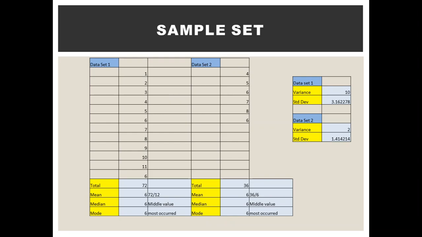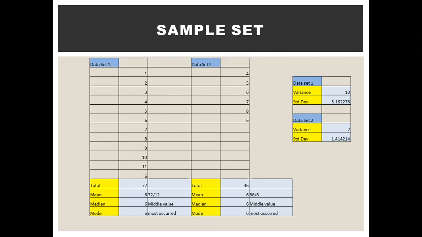So if I take 4, and 6, which is the mean, minus the standard deviation 1.4, you should be getting somewhere around 4.6. So 4 is near to that. Even 5 definitely is between it. And then similarly 7 or 8 is just 1.4, an odd difference from 6. So most of your data in this data set falls between plus or minus 1 standard deviation.